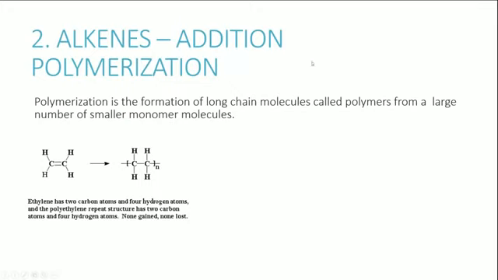So, talking about addition, polymerization is the formation of a long chain of molecules called polymers from a large number of smaller molecules. So, ethene, of course, has a structure here, and what you can do is actually break apart the carbon-carbon double bond, just like we did with the others, and this unit can actually join with another unit.